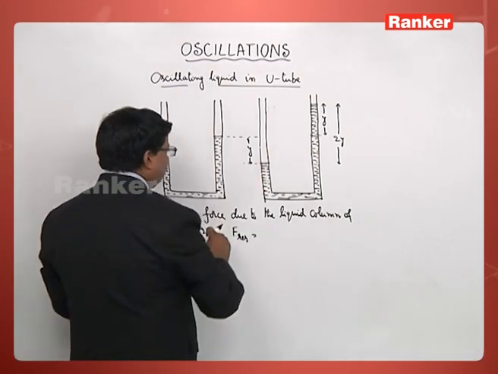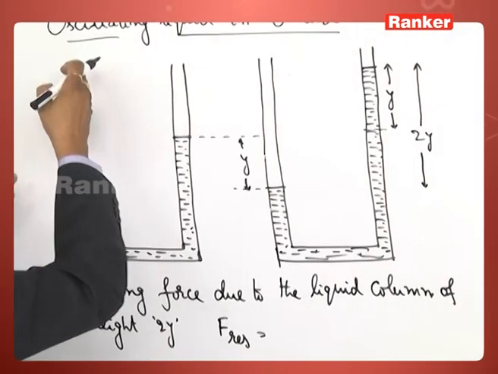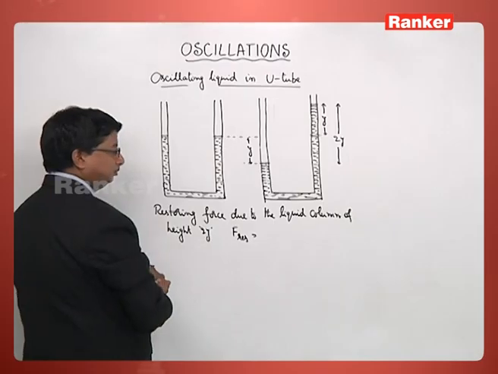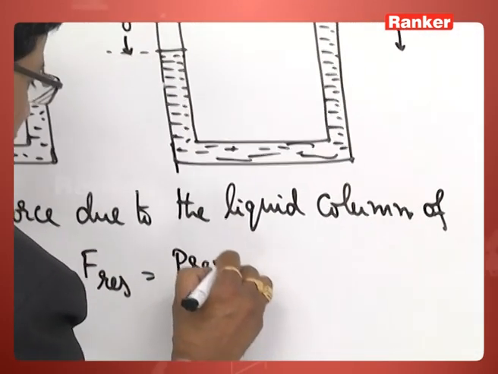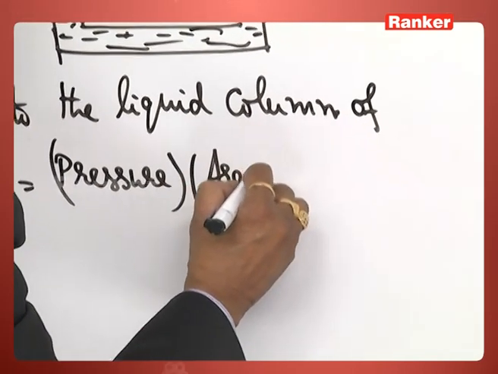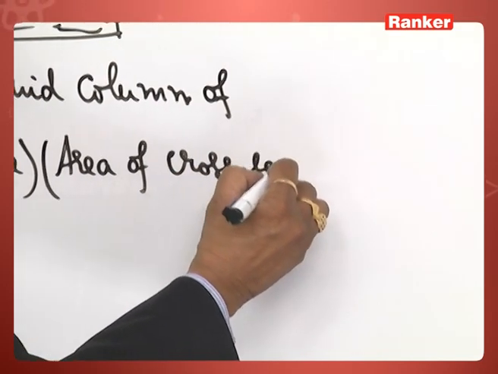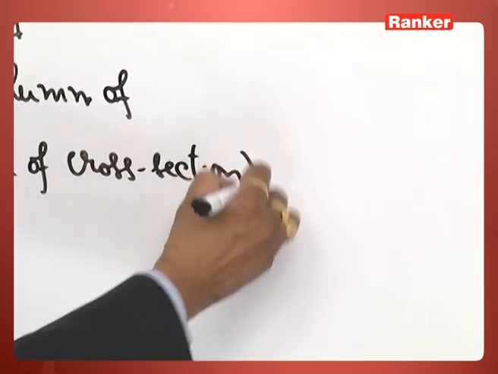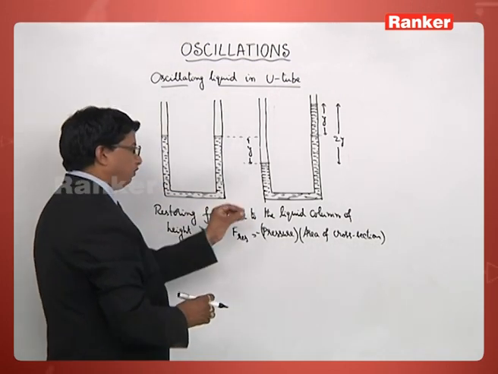We are considering the area of cross section of this tube as A. Since it is a restoring force, we put its sign as negative.